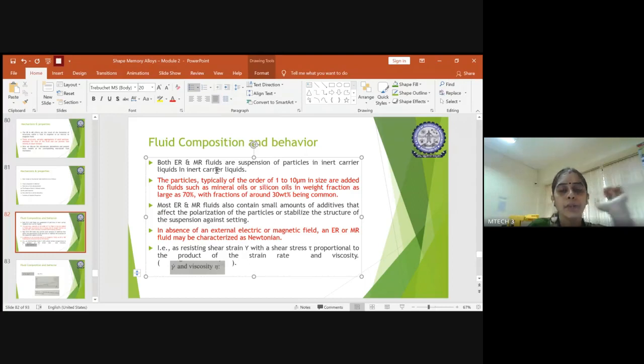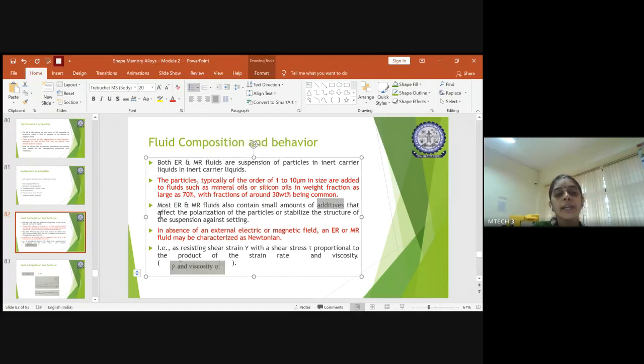After knowing the fluid composition, you have to understand that most ER and MR fluids also contain a very small amount of additives that affect the polarization of the particle or stabilize the structure of the suspension against settling. This is an important aspect in the case of ER fluid. Why? Because in ER fluid, the particles we add are also called additives, and these are conductive materials.